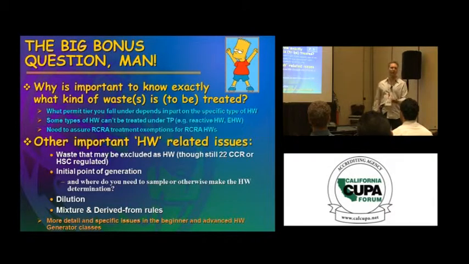They can't use generator knowledge. How do you use generator knowledge to determine that the concentration is low? It's easy when you're doing waste determination to use generator knowledge to say it's corrosive or reactive or something like that. But when you have to determine the concentration to get within a tier, you can't do that by knowledge.